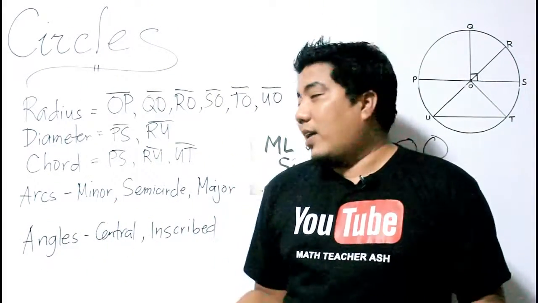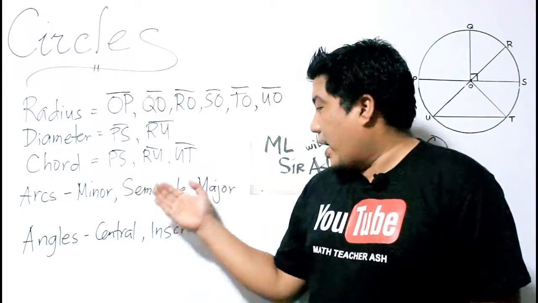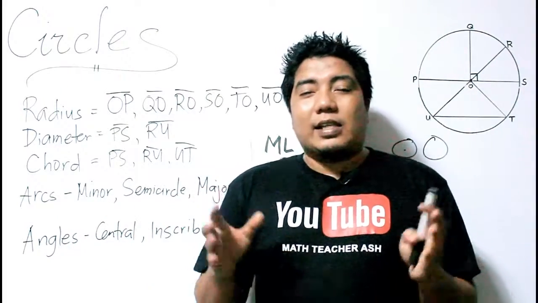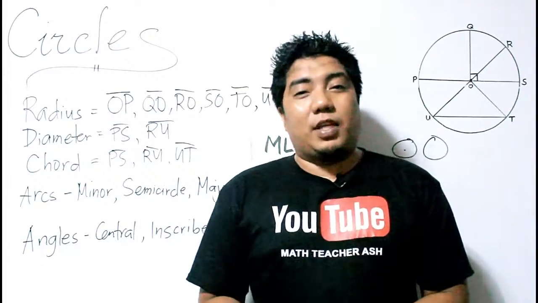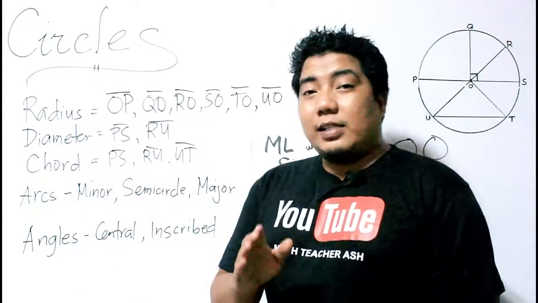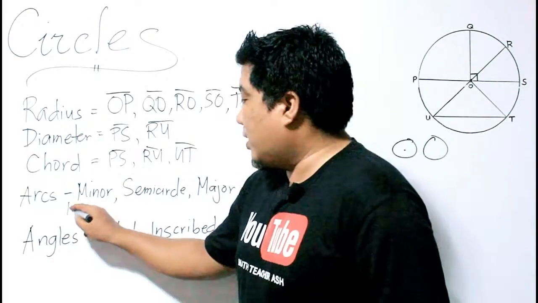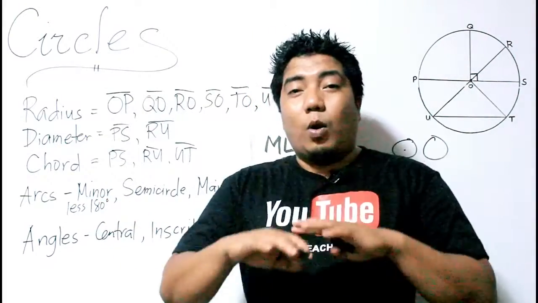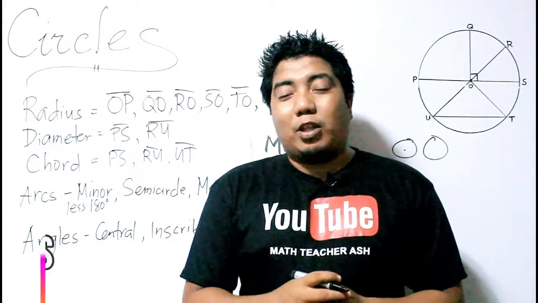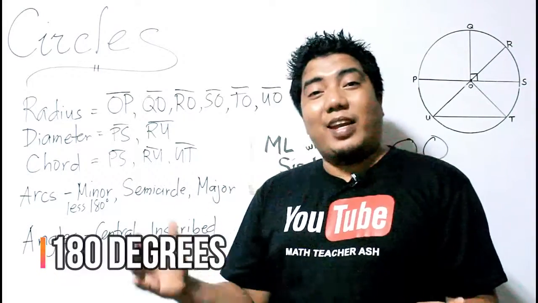Arcs is divided into three groups: the minor arc, the semicircle, and the major arc. This classification is based on the measurement of the arc. Minor arc is said to be as such if the measurement of the arc is less than 180 degrees. The whole circle has a total measurement of 360 and half of the circle is 180.